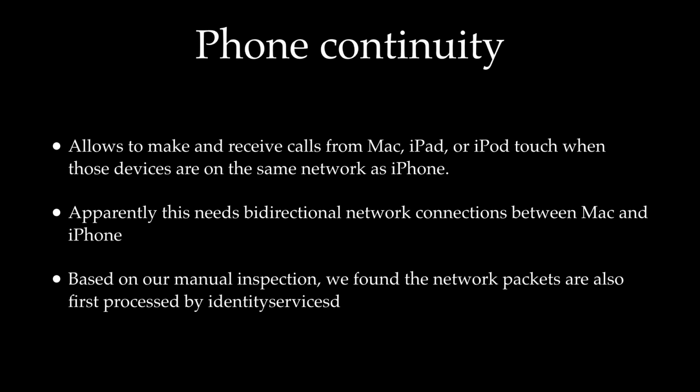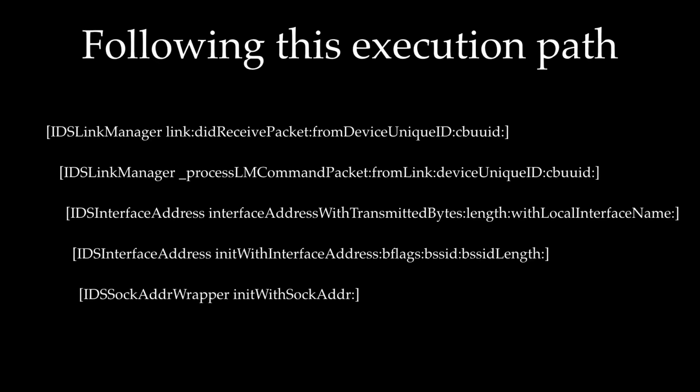So apparently you can make a call with your Mac if it's close to your iPhone. That means there must be some data channel between your Mac and your iPhone. So we reverse engineered that path, and we found that the first layer packet is also handled by Identity Service D. If you look at this execution path, it will finally go to a function called IDSOC ADDR wrapper.